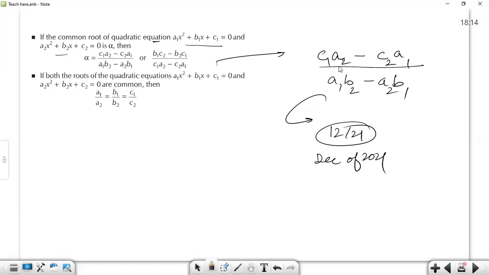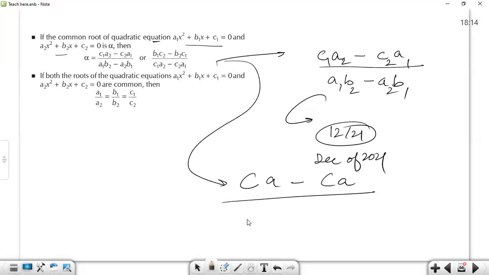Now we can remember this formula using this trick. Let's first write ka, ab, then write 1221. That's the trick. I made it in 12 of 21, that is December of 2021.